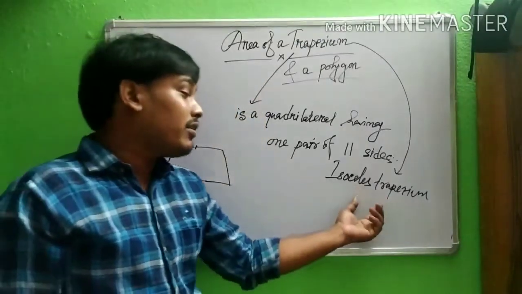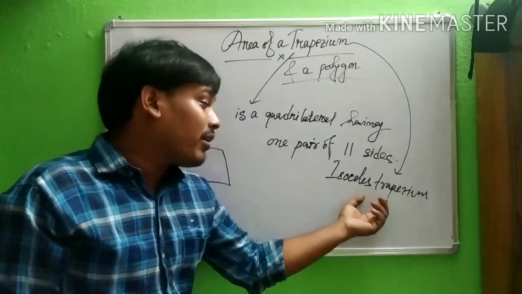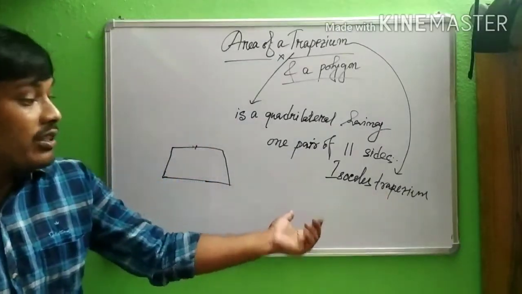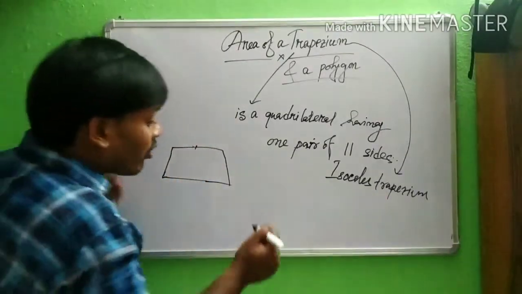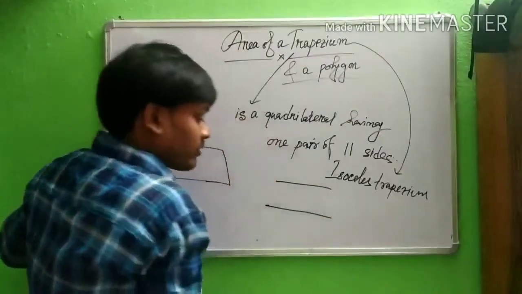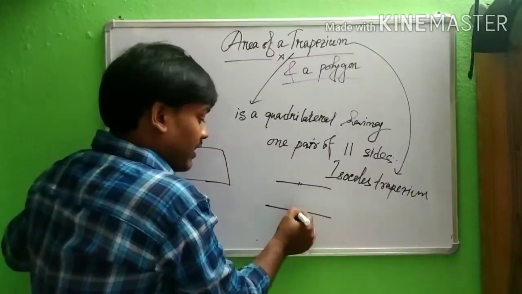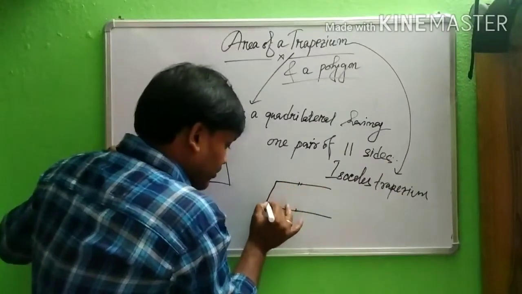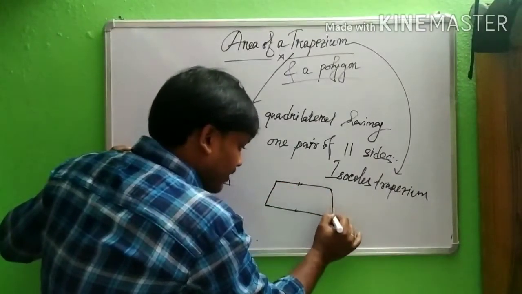But when we discuss isosceles trapezium, then the non-parallel sides must be equal. So these two sides are parallel and the other two sides must be equal in length.